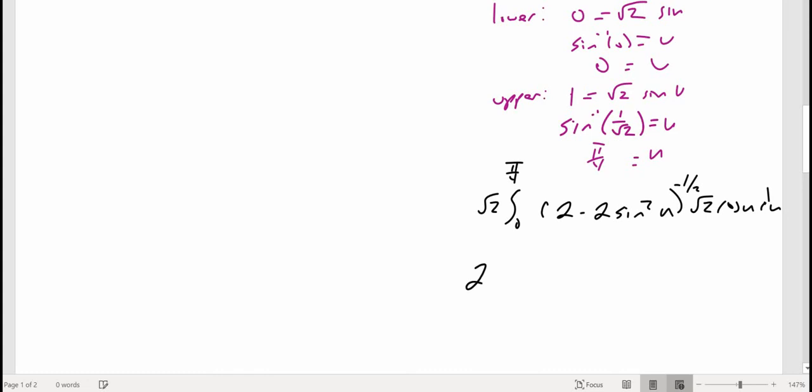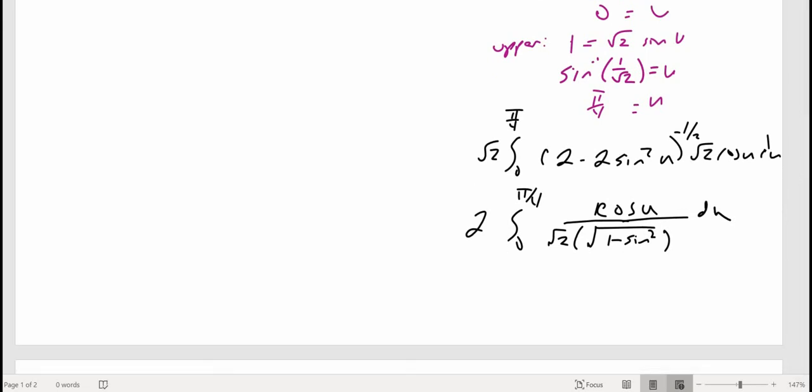So that's going to be the square root of 2 times the integral from 0 to pi over 4. Now, just to emphasize, the square root, that's going to be 1 minus sine squared if I factor the 2 out of that, times cosine of u du.